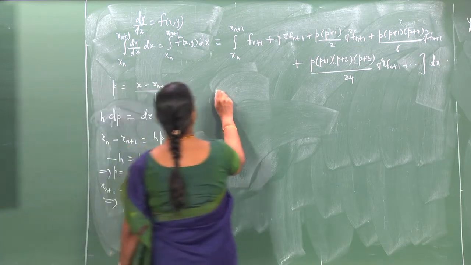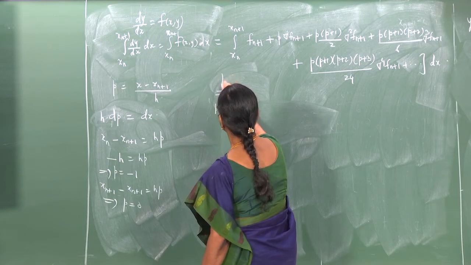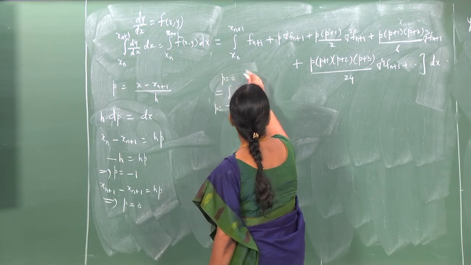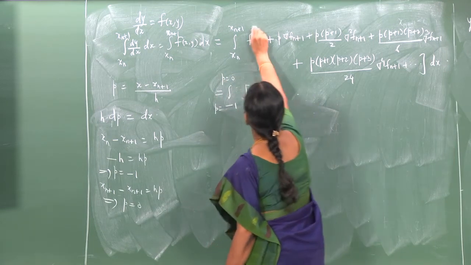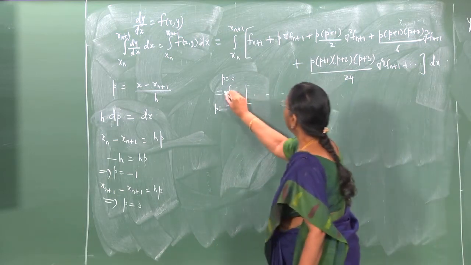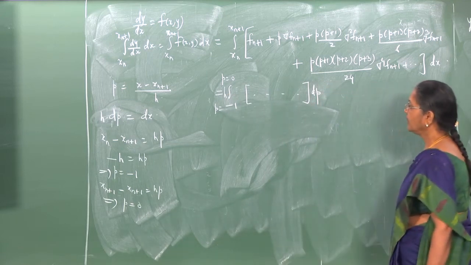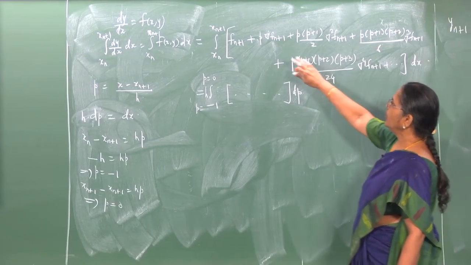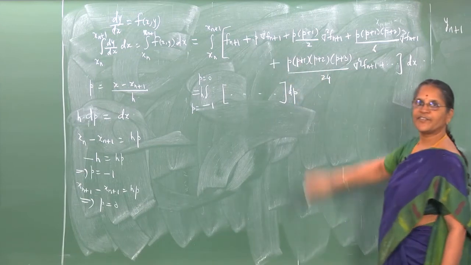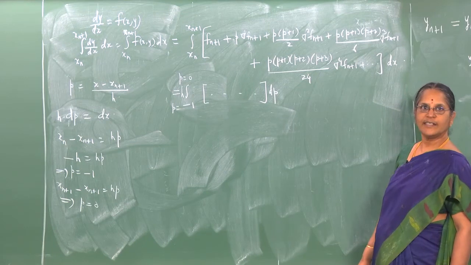So, the limits of integration are p equal to minus 1 to p equal to 0 of the terms within this bracket, and integration is now with respect to p. So, you have to work out the details of this integration. I shall give you the result.